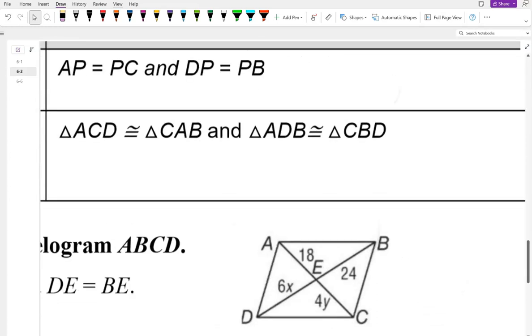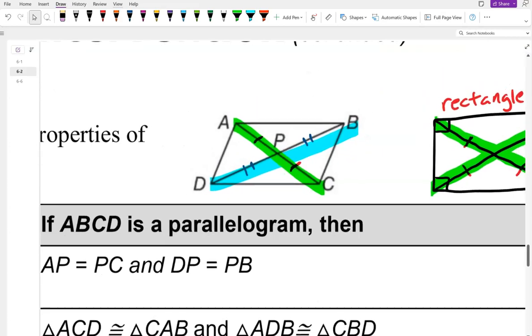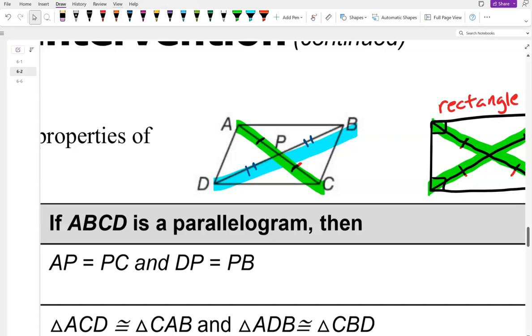What else? Oh, the other thing to note is that the triangles that they create are also equal. So if I'm looking at this parallelogram, that means that this triangle here, ACD, which is this bottom left one, is equal to CAB, or ABC, however you want to look at it, the one above it. Or if I go top left to bottom right, doesn't matter.